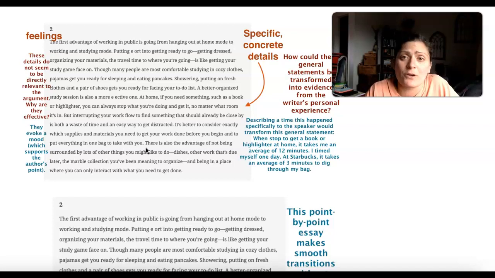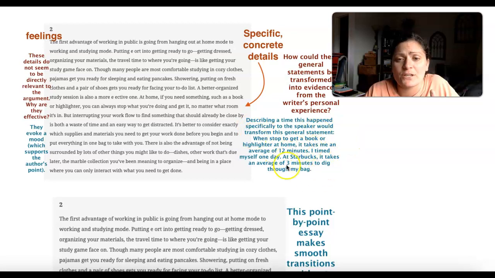So if this writer had said, it takes this much time for me to pack a bag, and it takes this much time for me to get there, but once I get there, finding things only takes me this much time, thus I ultimately save time doing this, that would be effective concrete material. And also timing, how long does it take to get it home? How much time do you waste every single time you get up? Charting this out would make this a much stronger paper.